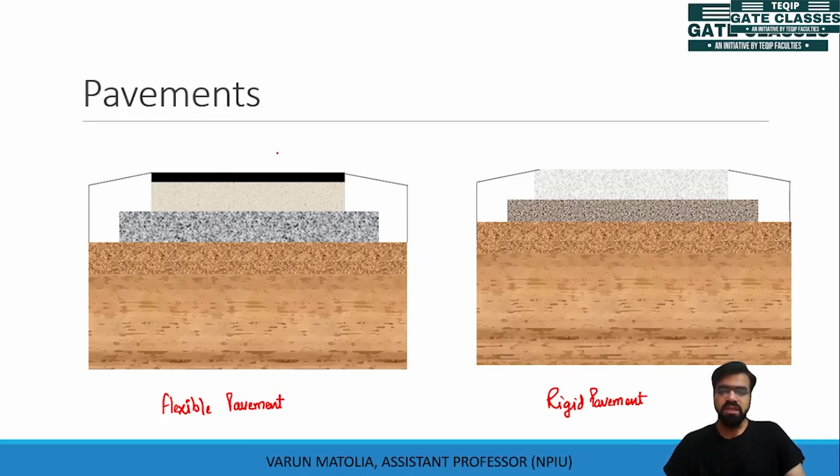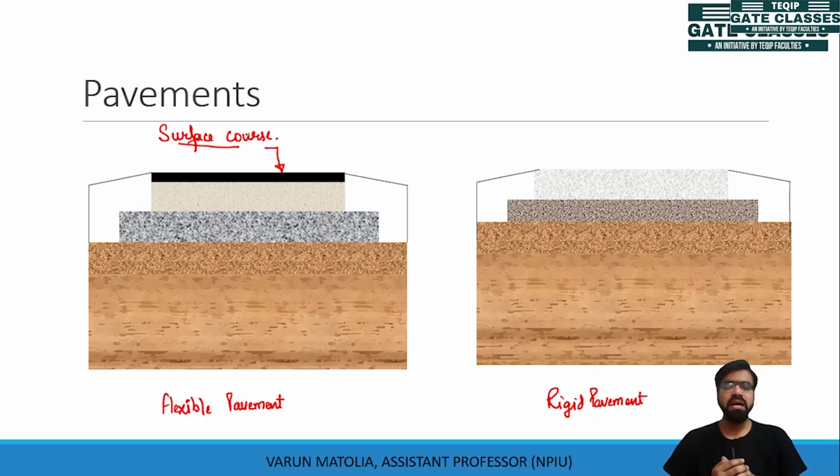The topmost layer is known as surface course. Surface course is the topmost layer and has the best riding quality. This layer is made up of your bituminous binder and your aggregates.